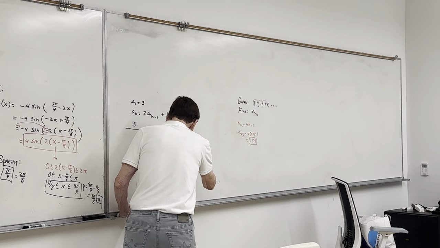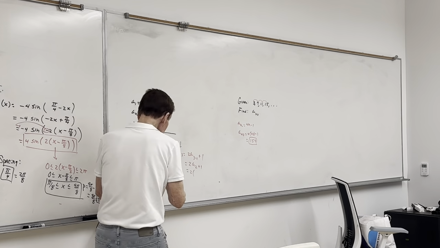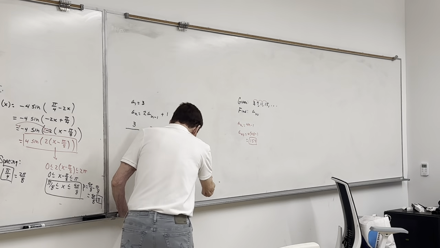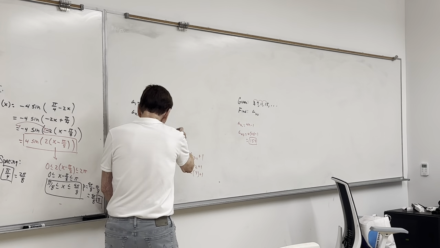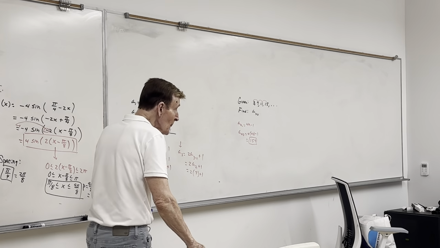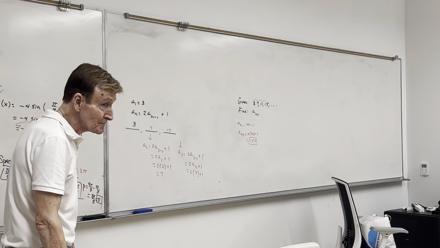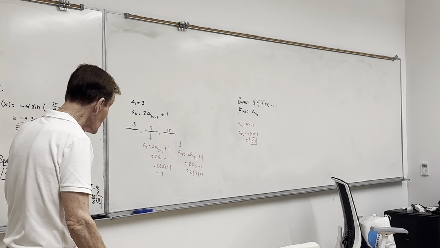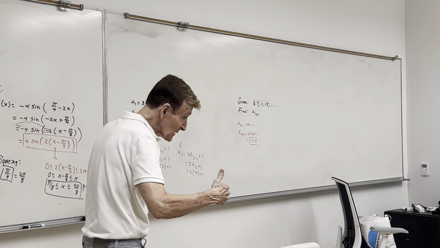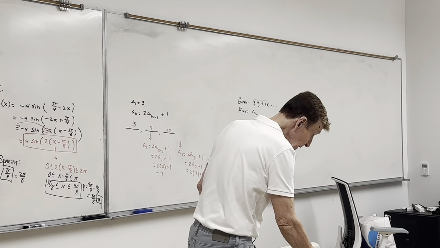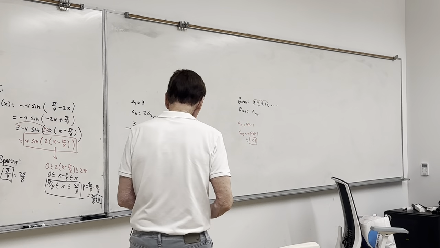And I do that calculation. 2 times A subscript 2, which we just found to be 7, plus 1, if there's no mistake, 15. Is that true? Okay. And of course, you can write out more terms. So sequences could be listed term by term, or it could be a recursive type. The next one says find a summation.